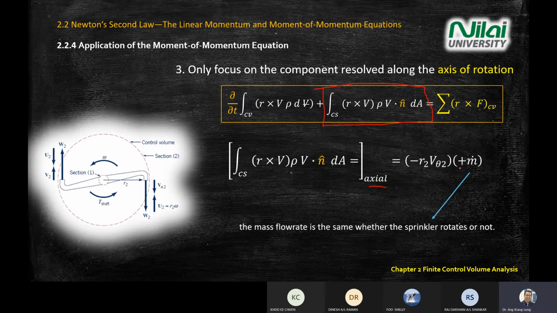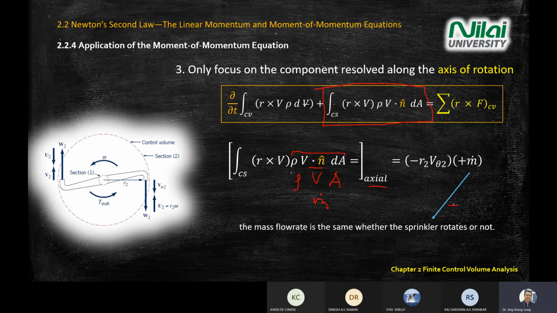The first thing will give you m dot. How do you know it's m dot? Rho A V. V dot n is velocity. Rho A V gives you m dot.